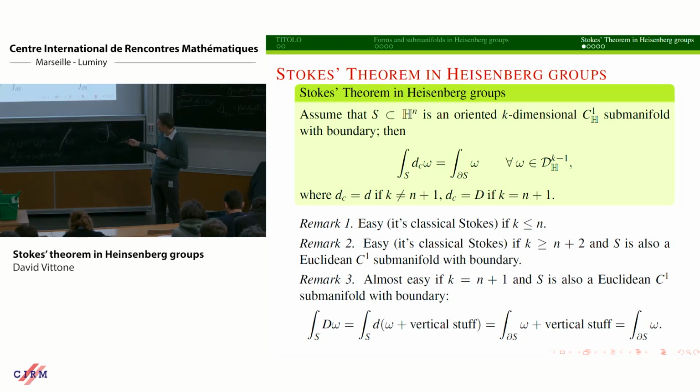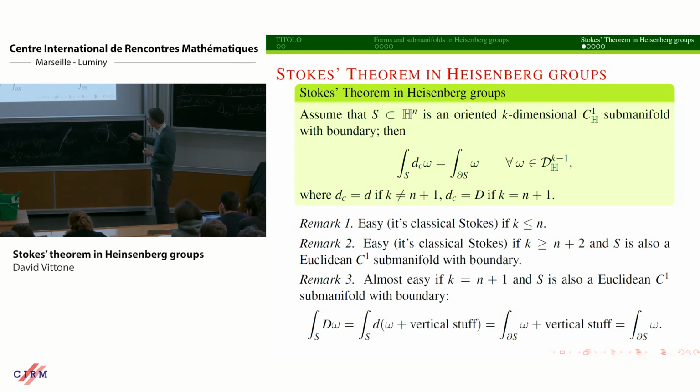But what's the property that we have, one of the properties of this vertical stuff? So, okay, now if you buy this formula for capital D, you can use classical Stokes to move the differentiation on S, so to transform the integral on the boundary of omega plus vertical stuff.